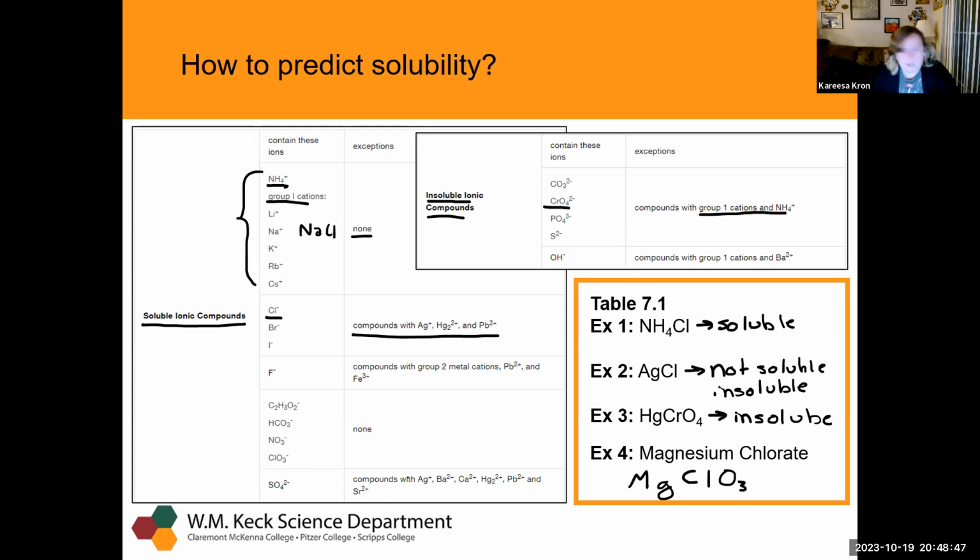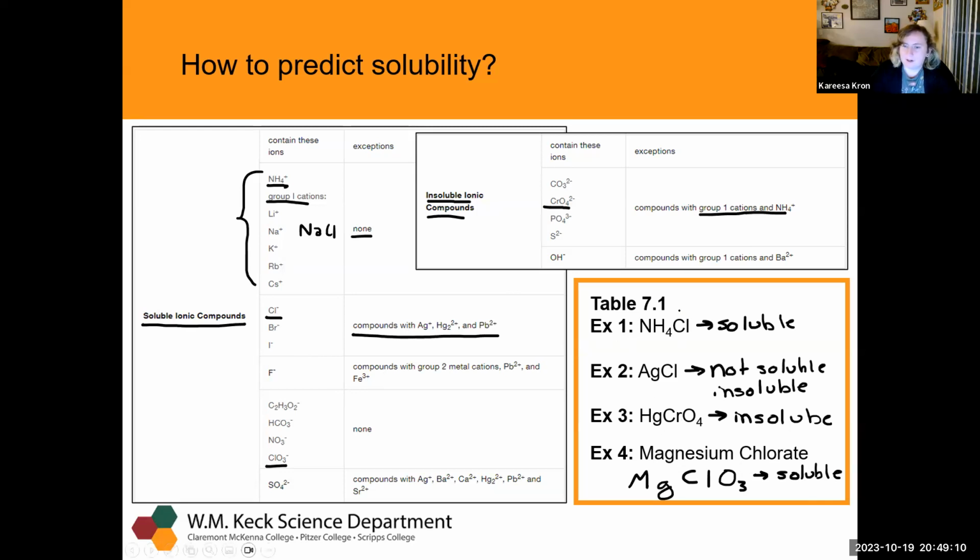So if we look at this table, I don't see magnesium anywhere, but I do see chlorate, and it's in my soluble ionic compounds. So this is also soluble. And so this is how we use this table in order to guess the solubility of various compounds.